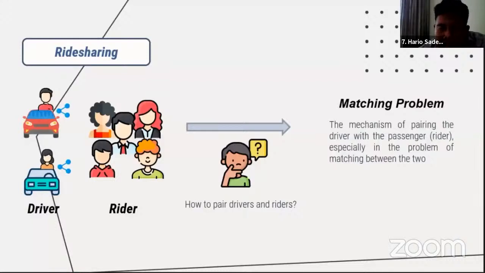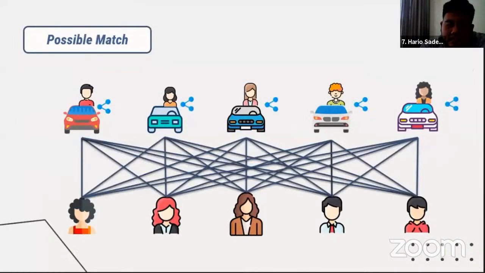The first step before optimizing the matching problem in ride sharing is determining possible match pairs. This is the illustration of possible match. The problem encountered in ride sharing is to get the optimal driver-rider pair, while the number of participants involved is large and the optimization time is very short. In this paper, clustering will be carried out as an initial step before determining the possible match pairs.